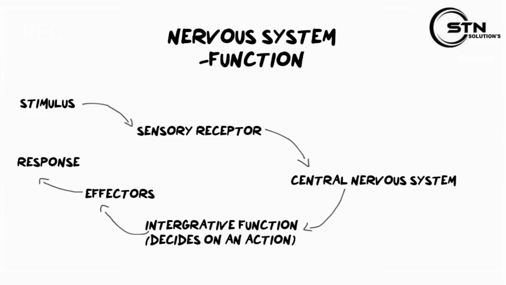Responses can be things like increasing the rate of digestion or maybe decreasing it. Maybe it increases your heart rate. So in that example, the effector would be the heart and increasing the heart rate would be the response. This is how you would explain how the nervous system functions in order to bring about a change within the body due to some kind of external stimulus.